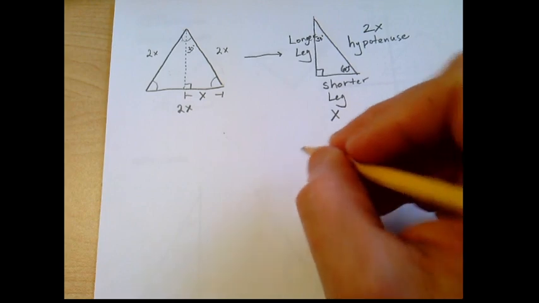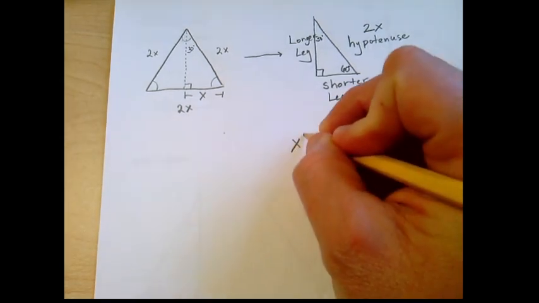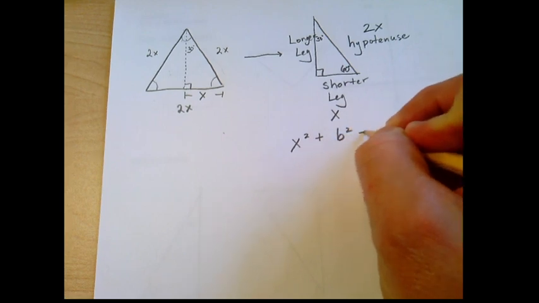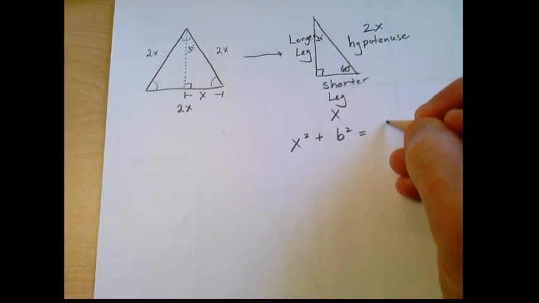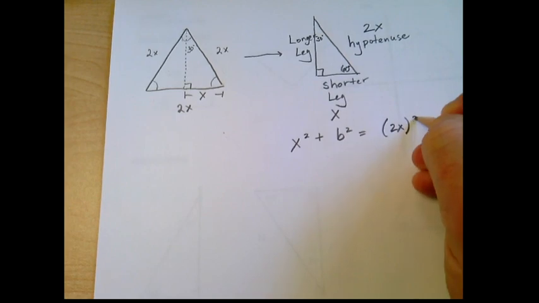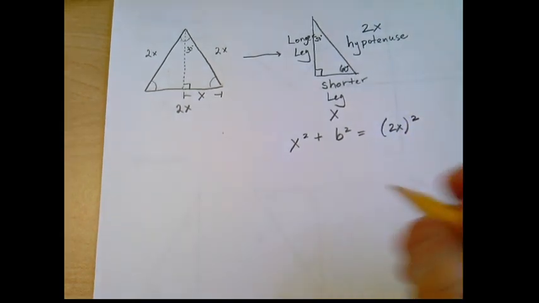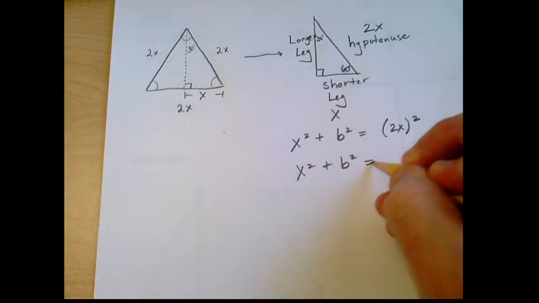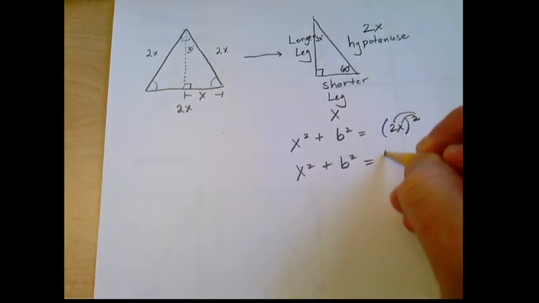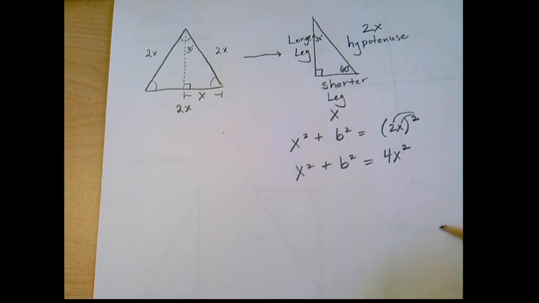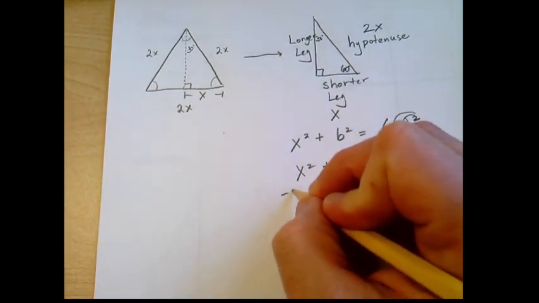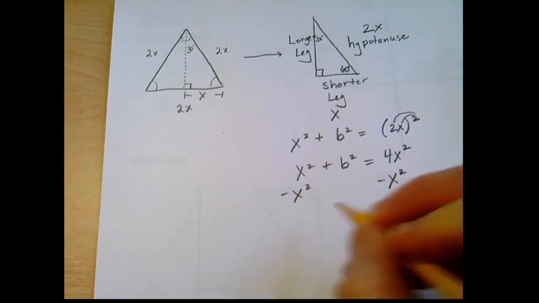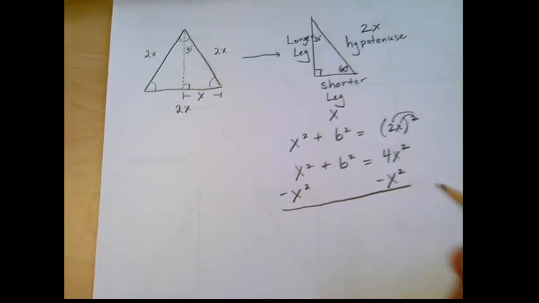Well, if I work out the Pythagorean theorem here, you have the short leg squared plus the long leg, I'll put that as b, squared is equal to the hypotenuse squared. And if I square that hypotenuse, then I can subtract x squared from both sides, because my goal is to get b squared by itself.